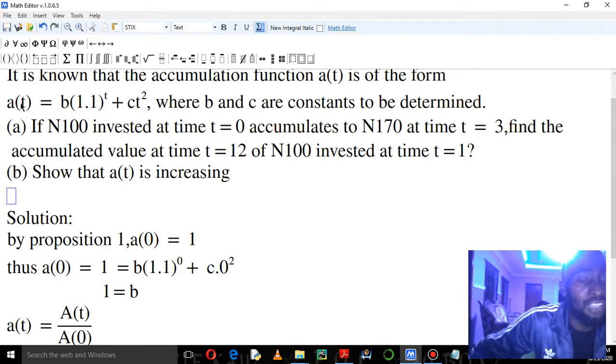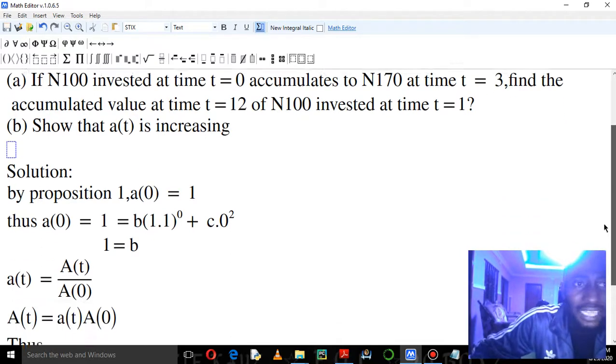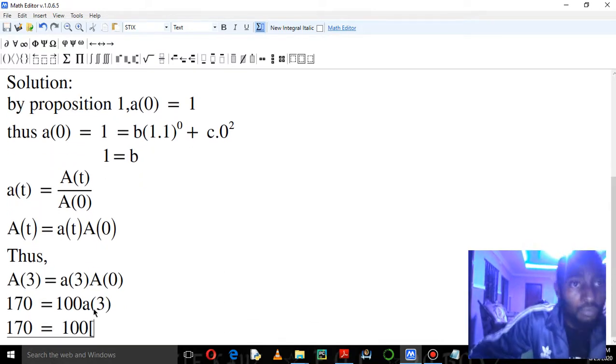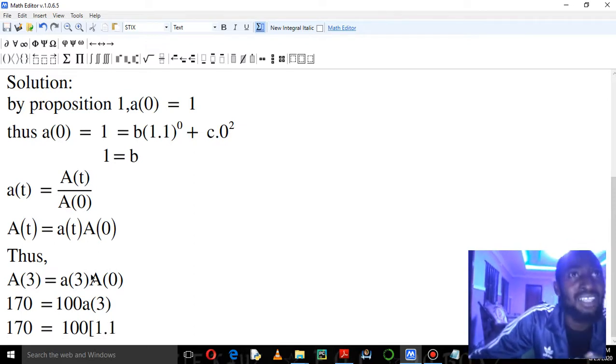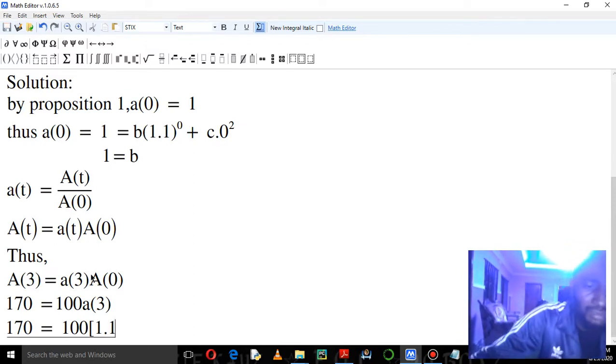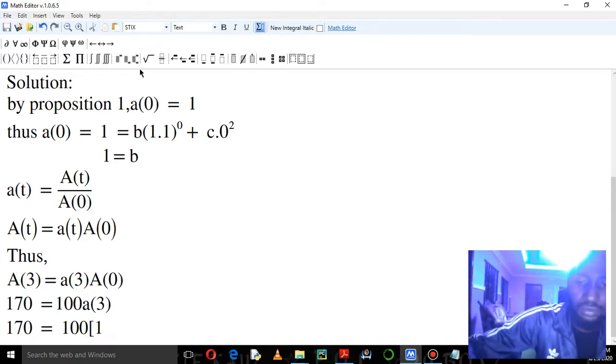So now we are substituting 3 for t. We've gotten our b to be 1, so we don't need to write b again. So we'll be writing 1.1 raised to power 3.